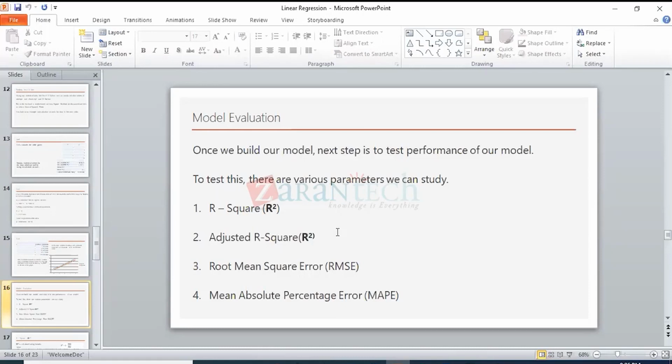Lakhs of transportations happen per day across the globe for them. They have so many variables, so let's consider them as x1, x2, x3, x4, and the dependent variable is the shipment cost. The shipment cost is my dependent variable.